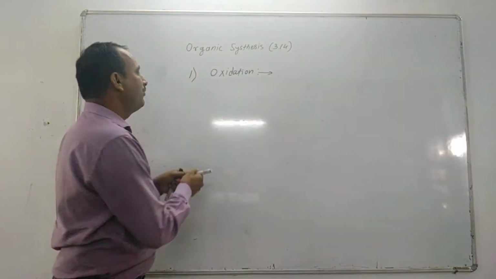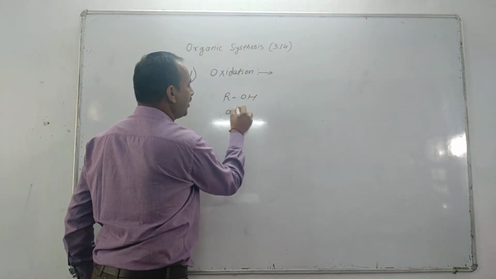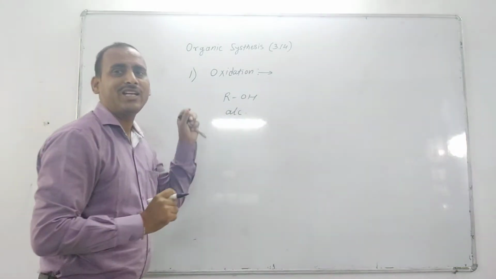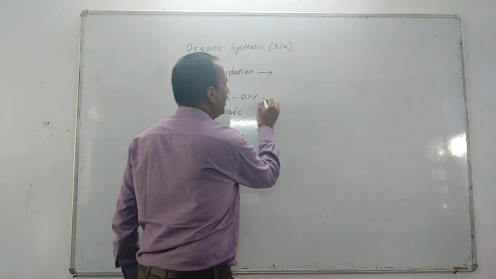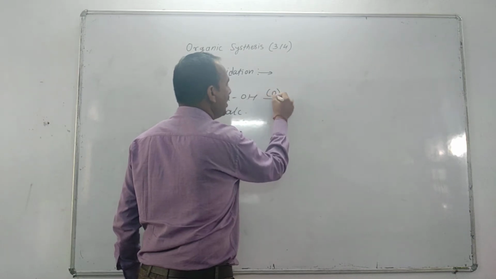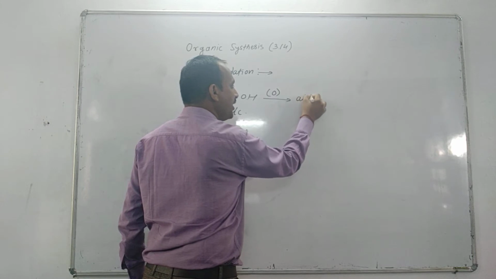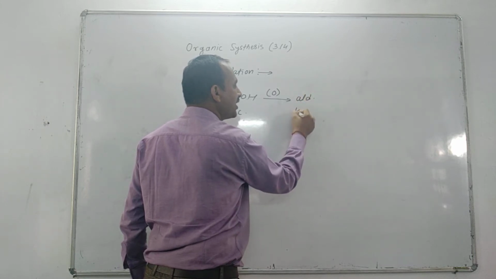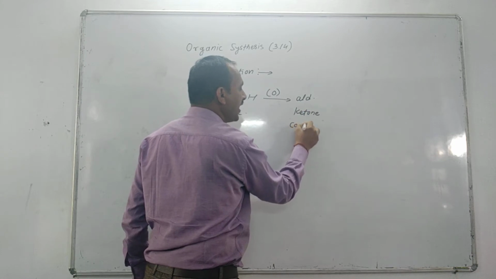So what is the alcohol? ROH is called alcohol, and on oxidation, alcohol is oxidized to aldehyde, ketone, or carboxylic acid.